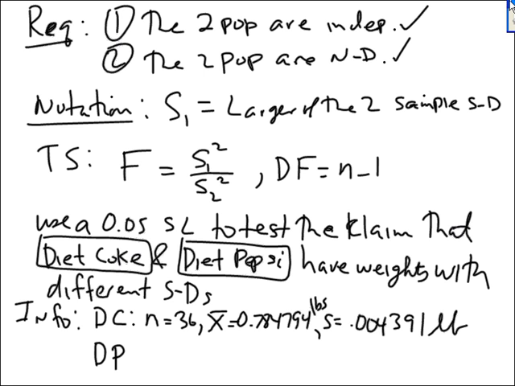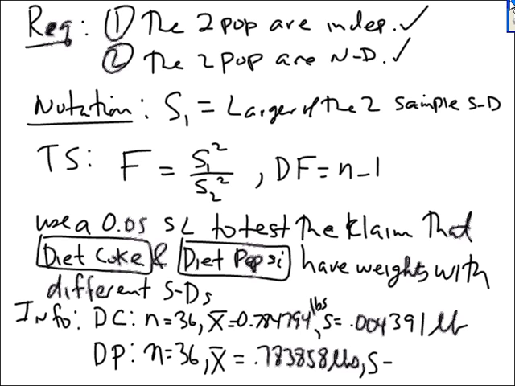And when it comes to Diet Pepsi, n is also 36. Their average sample weight is 0.783858 pounds, with the standard deviation being 0.004362 pounds.